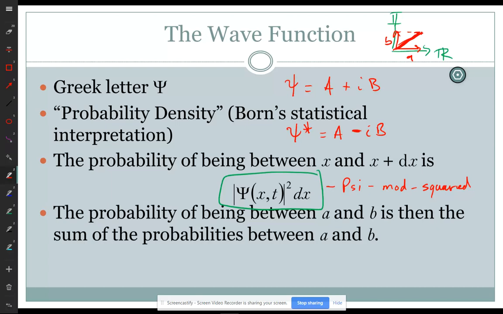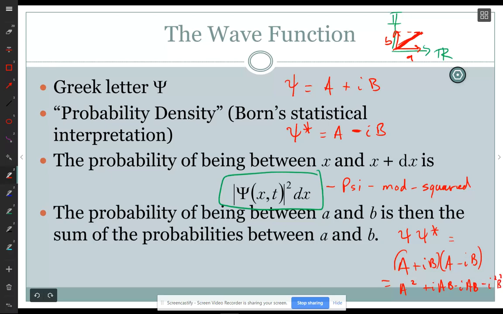But we call it psi mod squared, and what that means is we're going to take psi and multiply it by psi star. If you do that, that would be equal to A plus IB times A minus IB, which would be A squared, plus AIB minus AIB, and then minus I squared B squared.